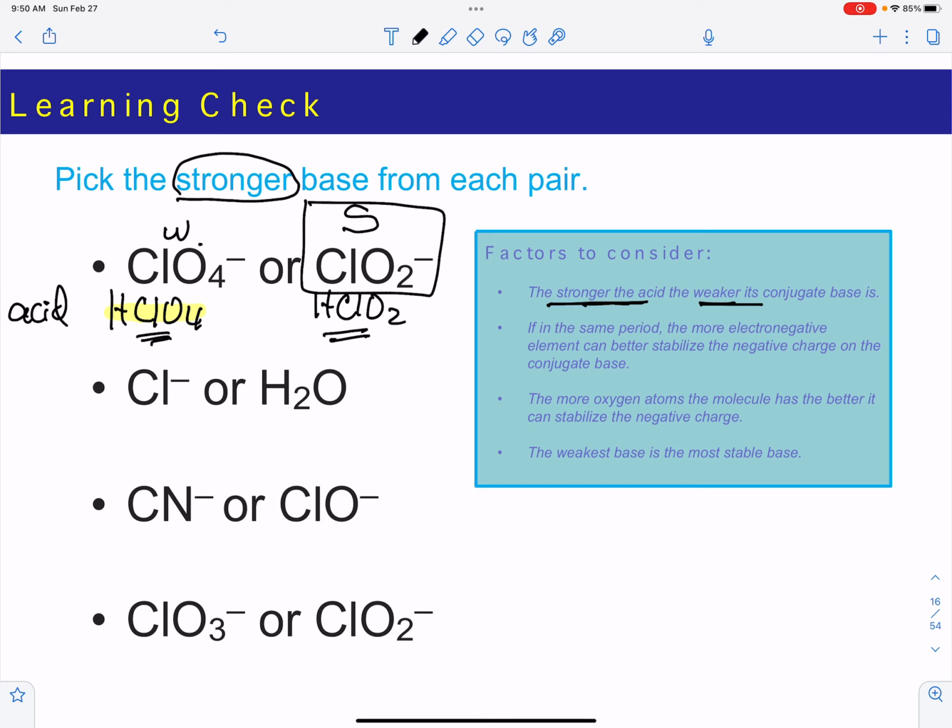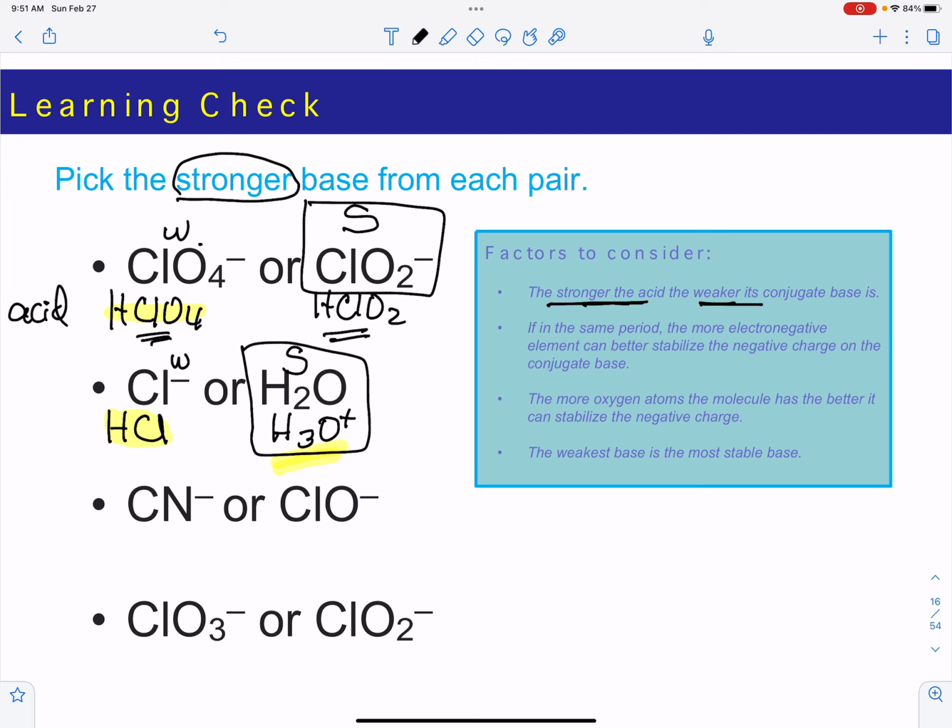Okay? So what about the next one? The conjugate acid is going to be that, and the conjugate acid of this is going to be that. This is one of the strong acids, so this has to be the weakest base. This is just an acid, not a strong one, so this has to be the stronger base.